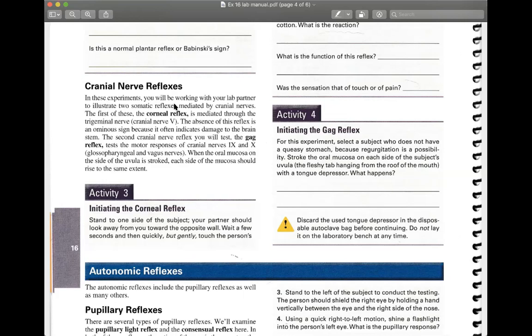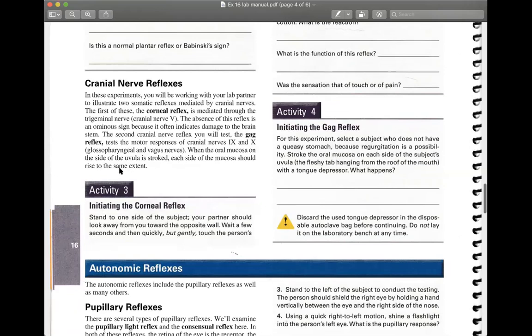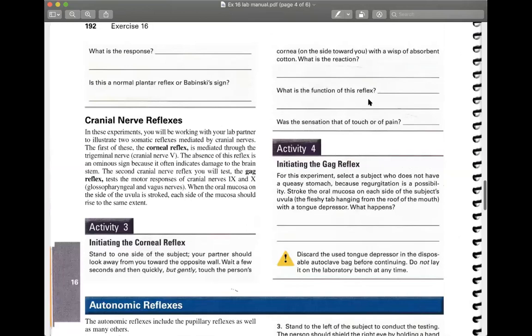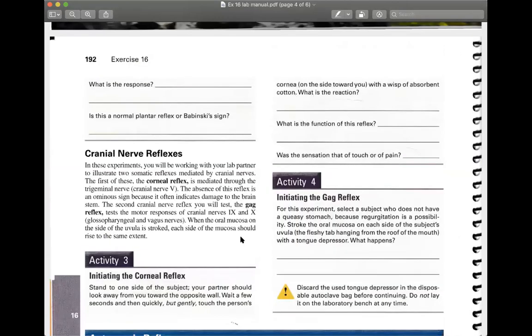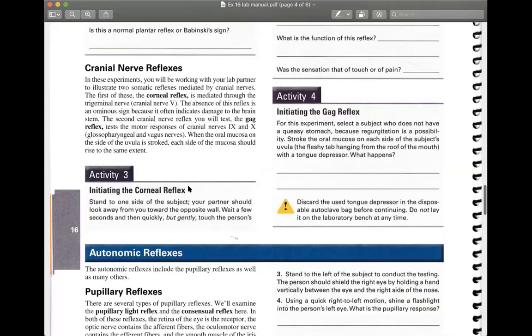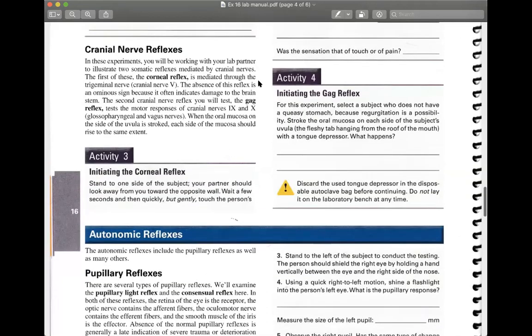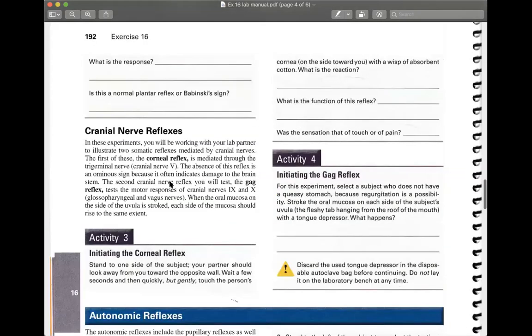The other is the corneal reflex. You touch the person's cornea with a wisp of absorbent cotton. Usually they would use a Q-tip, and they would touch the cornea, and you should blink in response to that. If you don't, that's cranial nerve 5, the trigeminal nerve, which is the root of that.